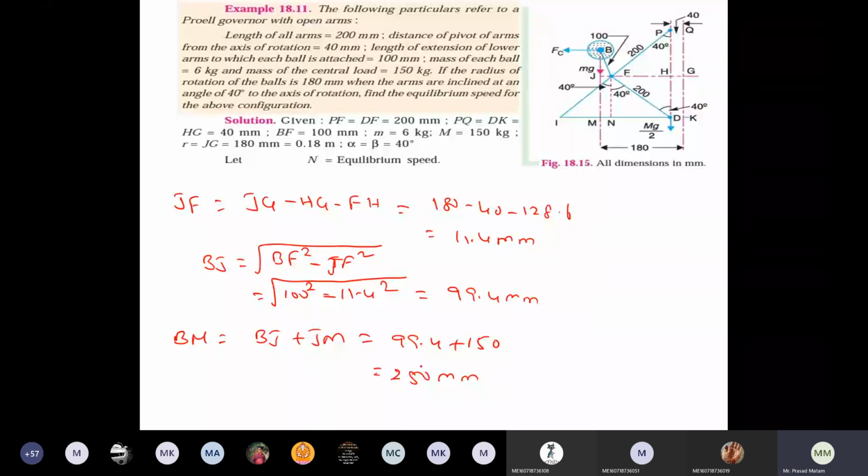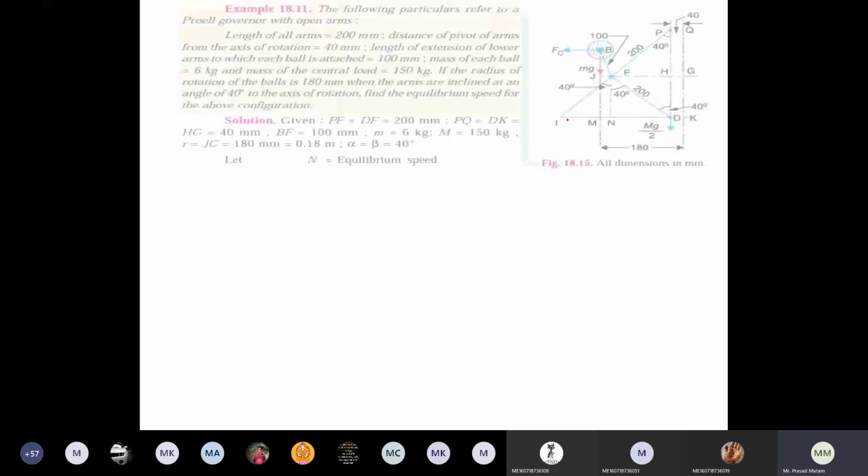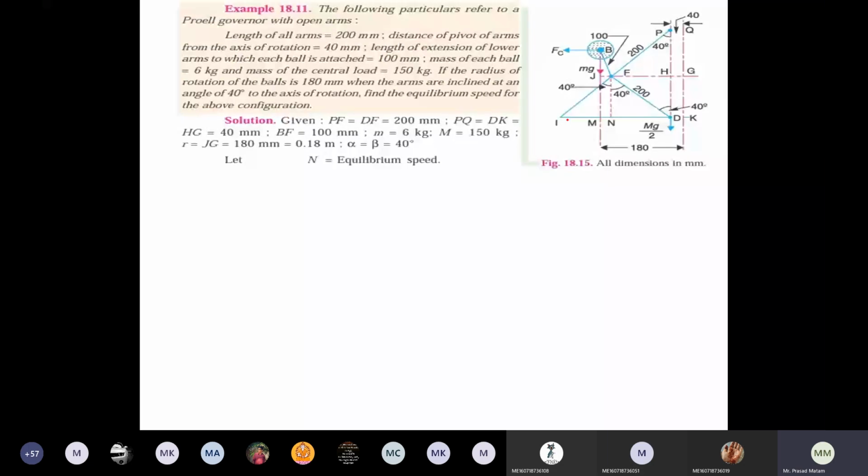Okay. Now try to find the IM value at the bottom, using trigonometric relations. How to find IM? I can write it as IN minus MN, which is nothing but FH minus JF.